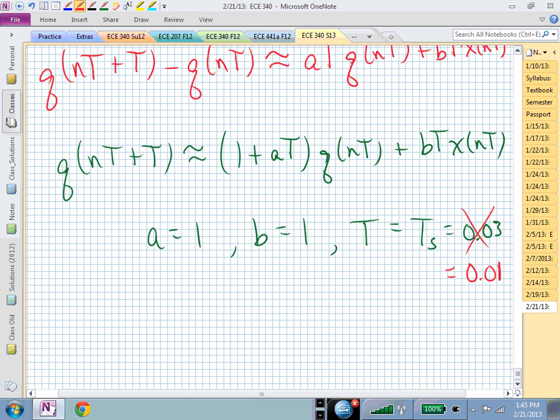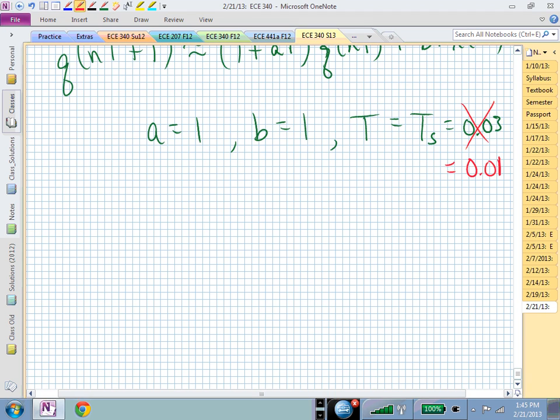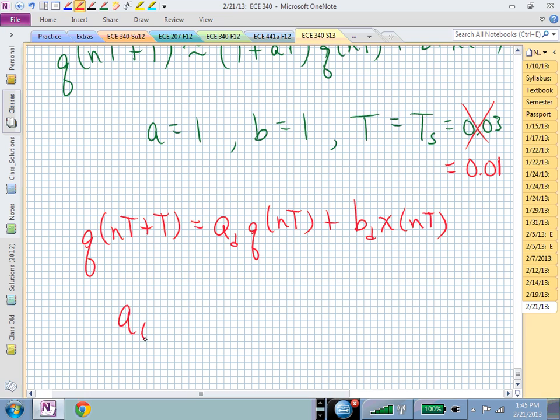Meaning we now, if we have T equaling 0.01, we have Q of nT plus T equaling a sub d Q of nT plus b sub d x of nT, where a sub d is now this 1 plus AT, and b sub d is BT.